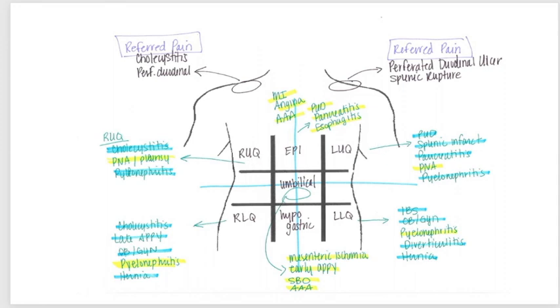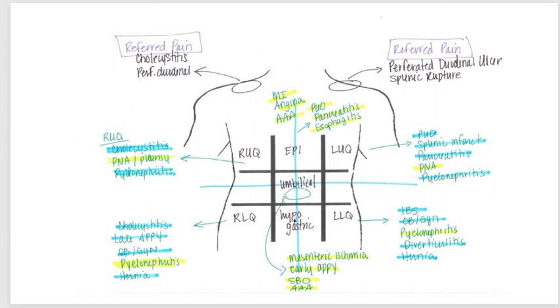You can see that they are highlighted either yellow or blue. The yellow ones are going to be your visceral pain, and the blue ones are going to be your somatic pain. So, right lower quadrant, we have cholecystitis, late appendicitis, OBGYN complaints, pyelonephritis, and hernia.